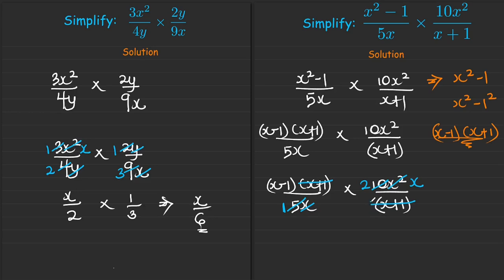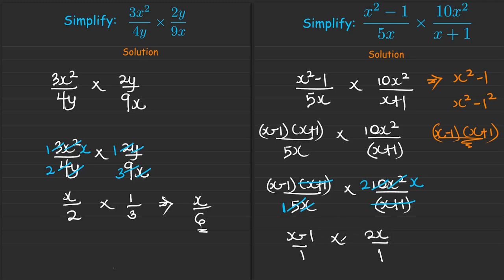So you realize there's nothing for us to cancel anymore. Hence, we have our x minus 1 all over 1. And since it's over 1, we can choose not to write it. Then times 2 times x. 2 times x gives us a 2x over 1 as well, because there's nothing here.